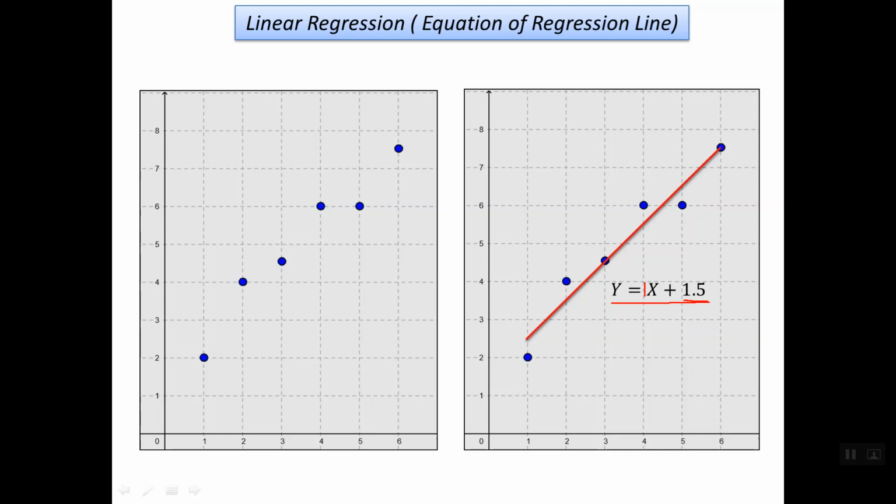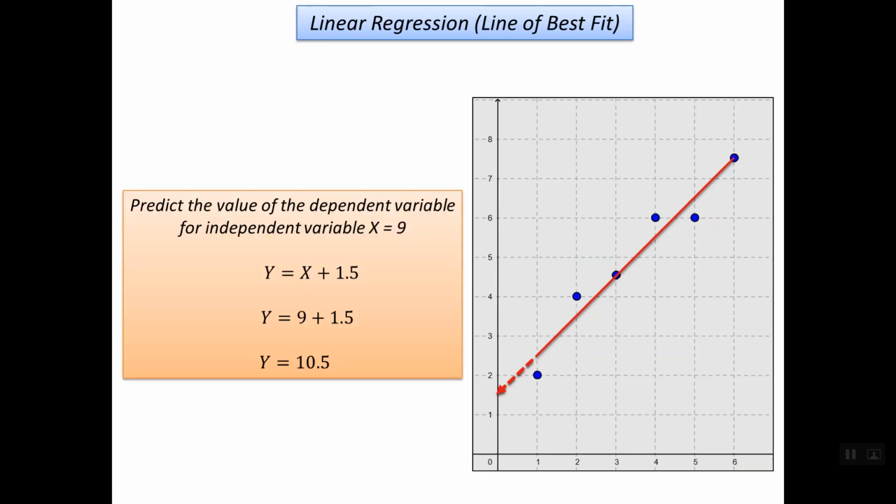Simply if you try to extend this straight line so that it reaches the axis, it will intersect at the 1.5 point. Same like what we have here. We extend the linear regression line. So this is the intersection between the y-axis and the straight line. It is 1.5.